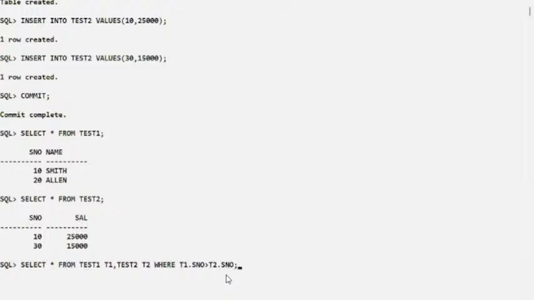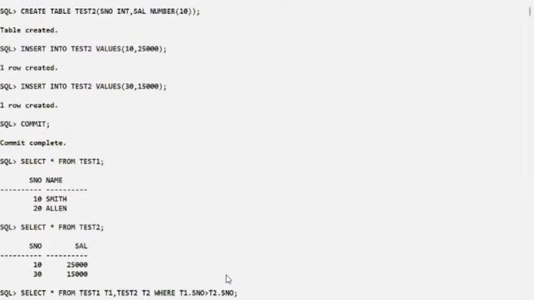As per the greater than condition, I join the two tables and retrieve. My answer is 20 Alan, 10, 25,000. Very simple example. Like this you can use less than, less than or equals to, greater than or equals to, not equals to, any kind of symbol. Got it?